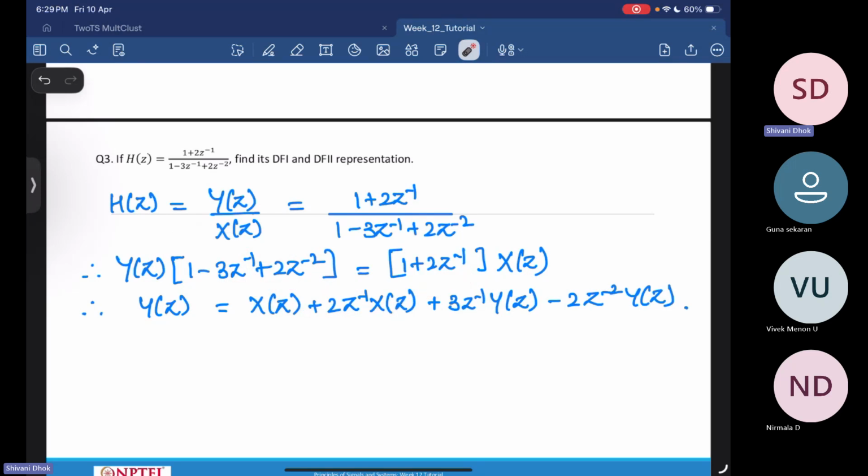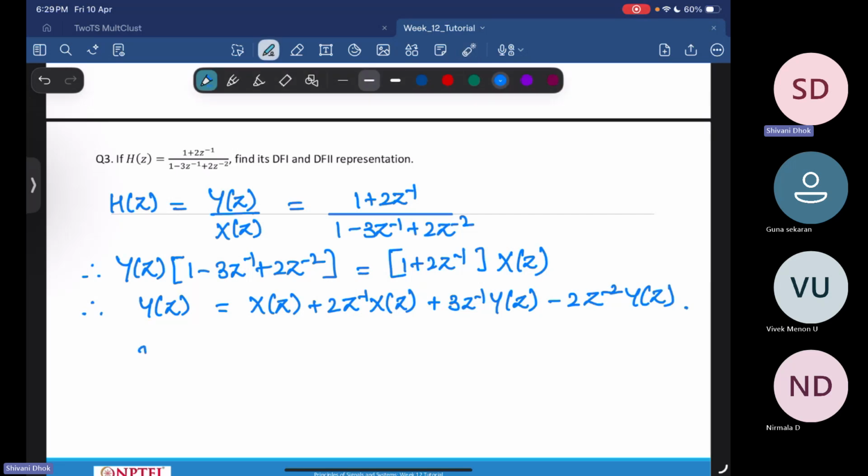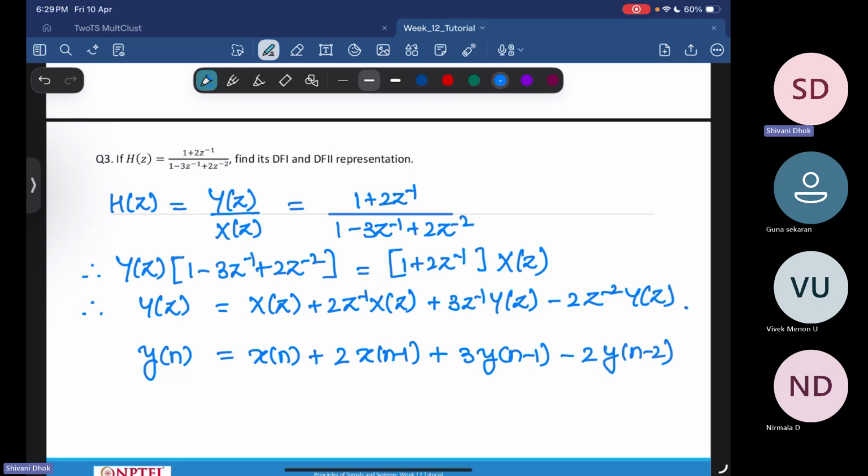Now, taking the inverse z transform, what do I get? Inverse z transform of Y of z is y of n. Inverse z of X of z is x of n, plus 2 times the inverse z transform of z inverse X of z, which is nothing but x of n minus 1, plus 3 into y of n minus 1, minus 2 into y of n minus 2.